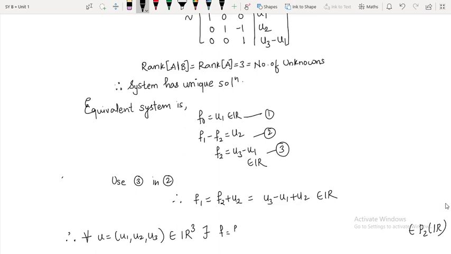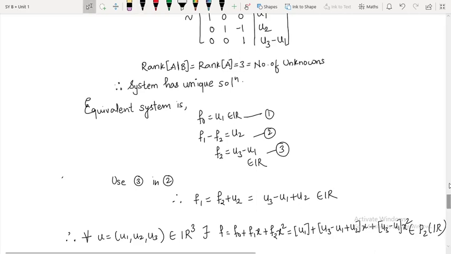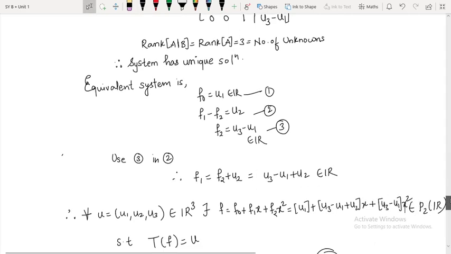f is equal to f0 plus f1 x plus f2 x square, which is equal to u1 plus u3 minus u1 plus u2 times x plus u3 minus u1 times x square, belonging to P2 of R, such that T of f is equal to u.